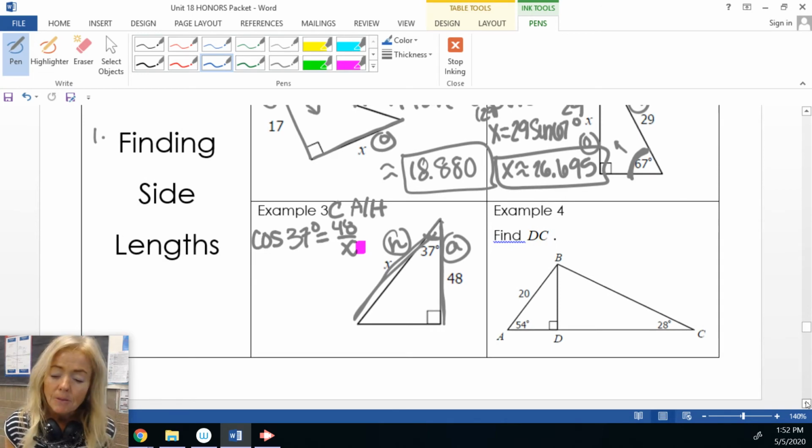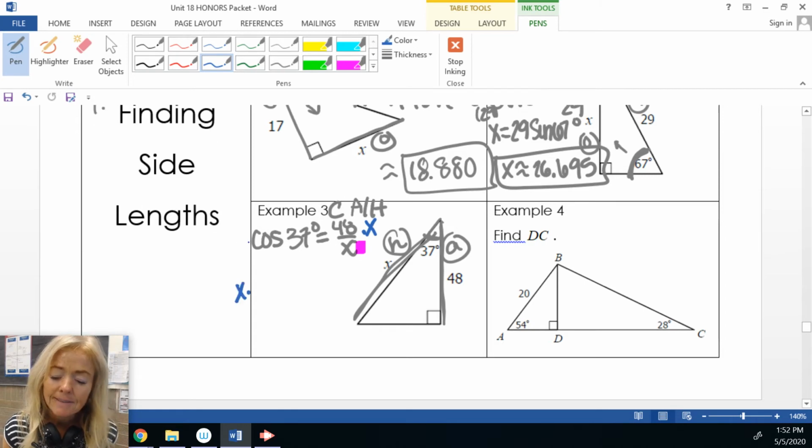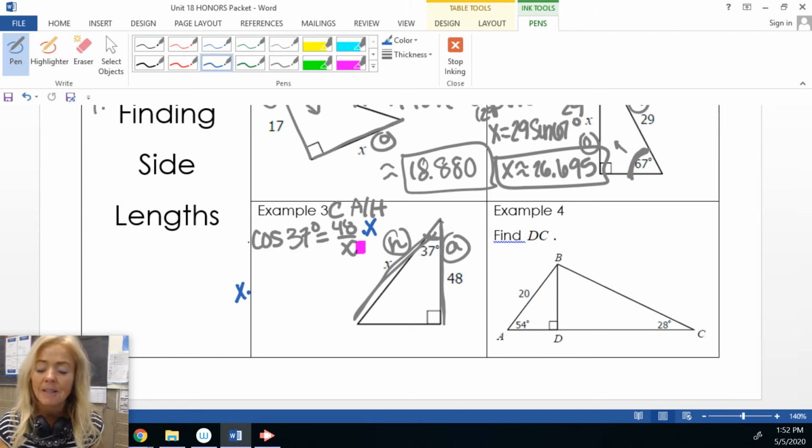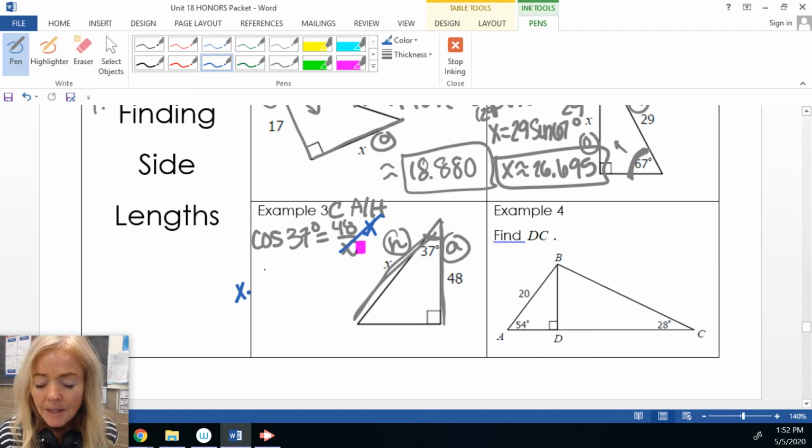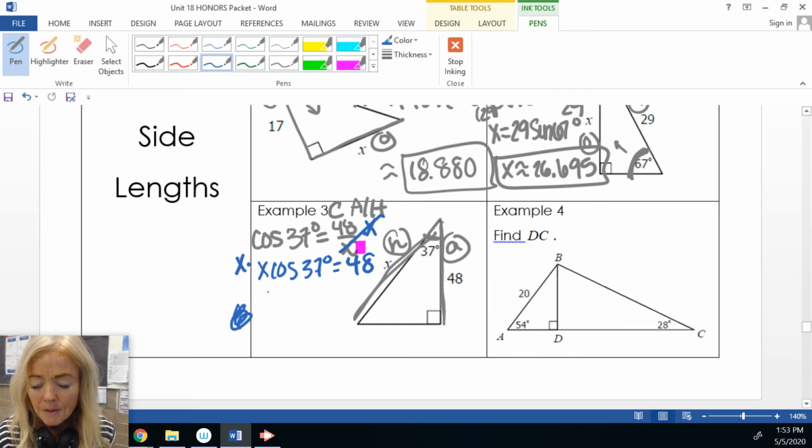It's the only way to get it out. So to get it out, you're going to multiply by x. So that goes away, and you have x times the cosine of 37 degrees is 48. Okay? So then it moves up there.